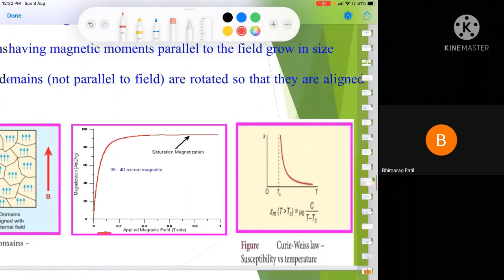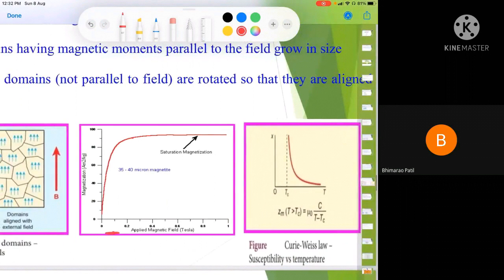If you plot the graph of magnetic susceptibility versus temperature, then after a certain temperature the ferromagnetic material behaves like a paramagnetic material, but below that temperature it shows exceptionally higher magnetism, unlike paramagnetic materials.